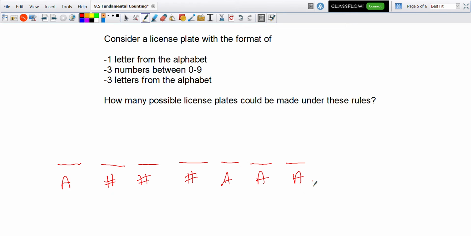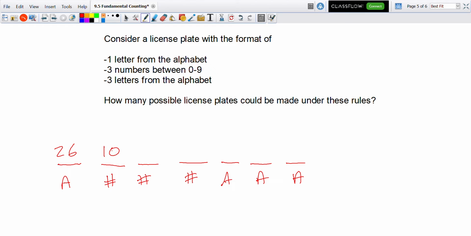Okay. All we have to do is figure out each individual event and find out how many possible outcomes there are for each of those individual events and then multiply those numbers together. So I know for the alphabet, there are 26 possible outcomes for this first letter, right? A through Z. Next, a number 0 through 9. There's actually not 9 possible outcomes there.